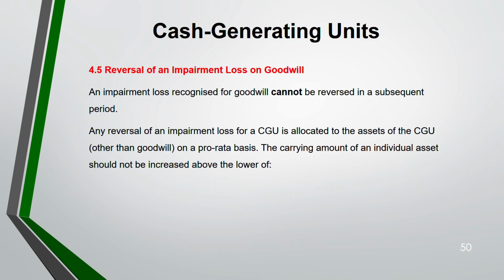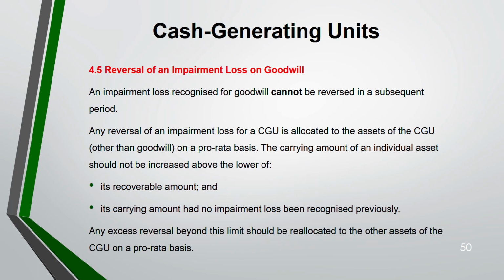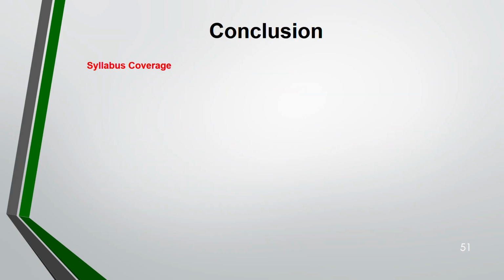The carrying amount of the individual asset should not be increased above the lower of the recoverable amount and the carrying amount before the impairment loss had been recognized. Any excess reversal beyond this limit has to be reallocated to the other assets of the CGU on a pro rata basis. Now, that's it.